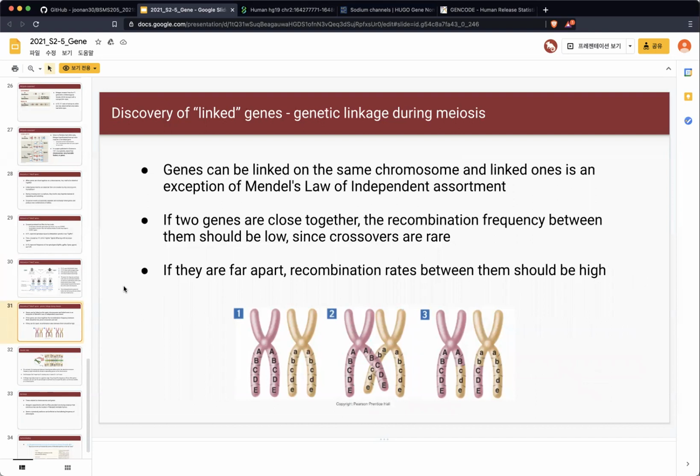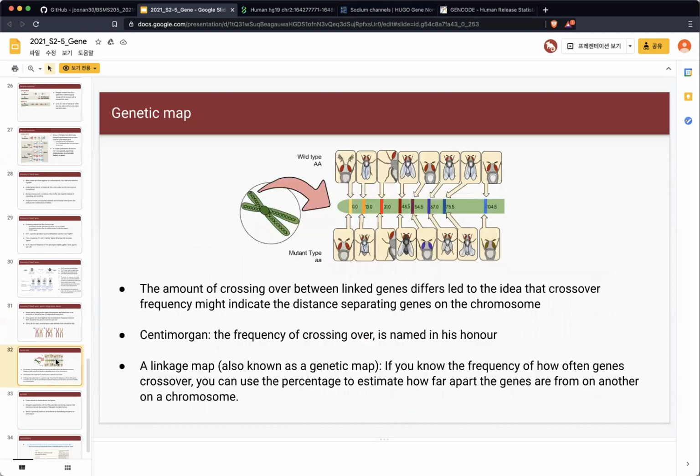So we discussed this issue in genetic linkage during meiosis, and we talked about the crossover. And after that observation, people started developing how we measure this genetic linkage on the chromosomes, right? Because the physical distance of the two loci affects the chance of co-segregation, right?